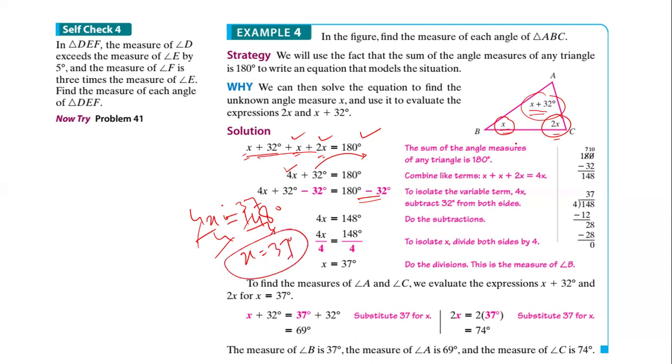So we have found this x, which is 37 degrees. Then 2x means 2 multiplied by 37, which is 74 degrees. And here x plus 32, x is 37 plus 32, so that is 69. Okay, so this is the solution.